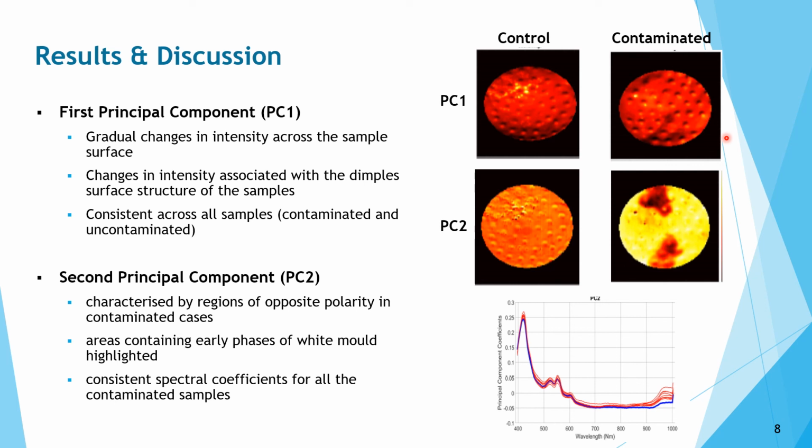What's of more interest are the results from the second principal component, where consistently across all the contaminated samples, the activity on the resulting images was characterized by regions of opposite polarity, with the negative polarities representing the presence of white mold. And as I already mentioned, the spectrum was very consistent across all these contaminated samples.